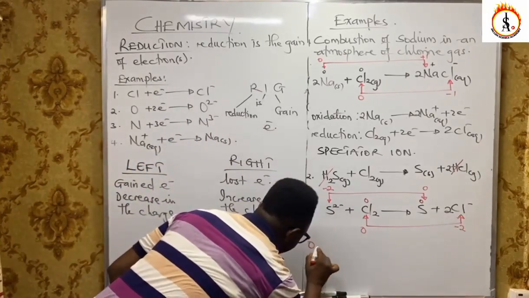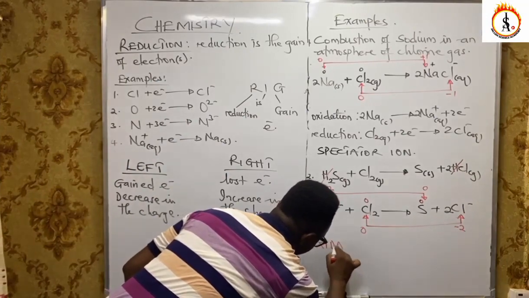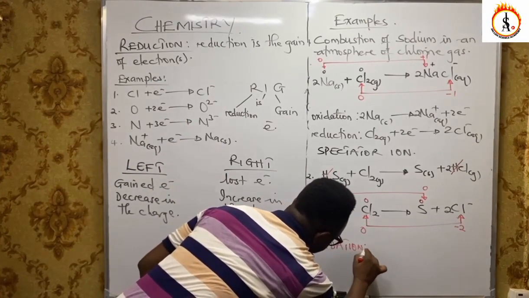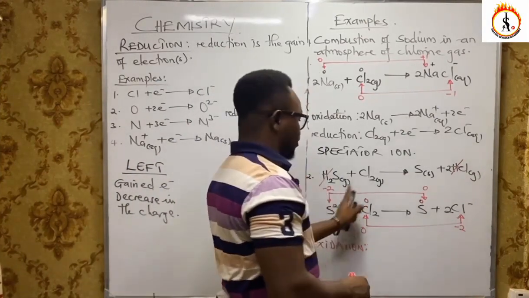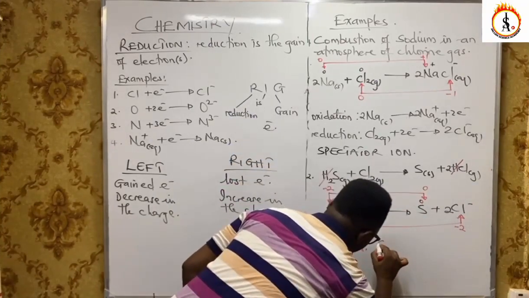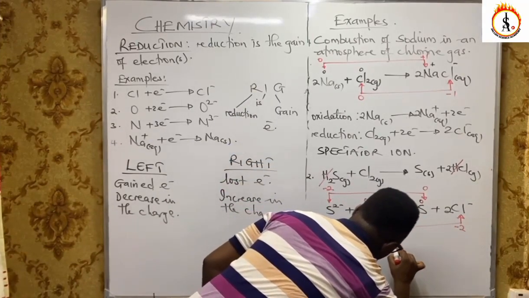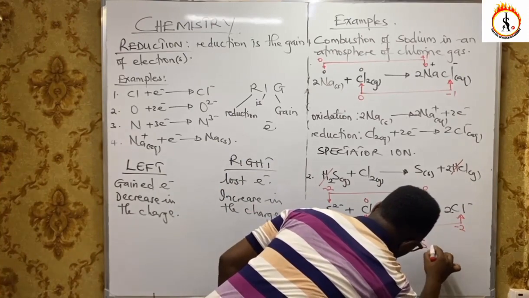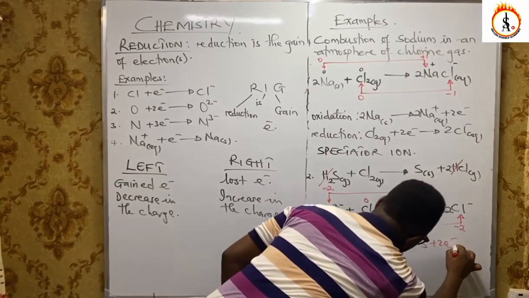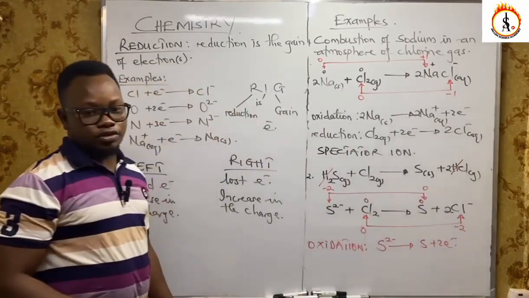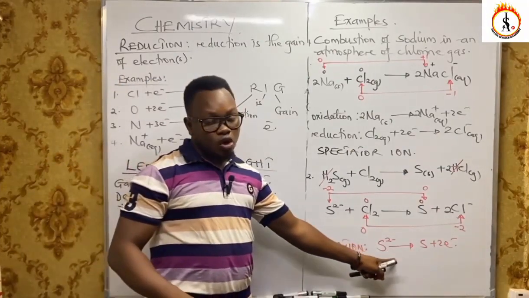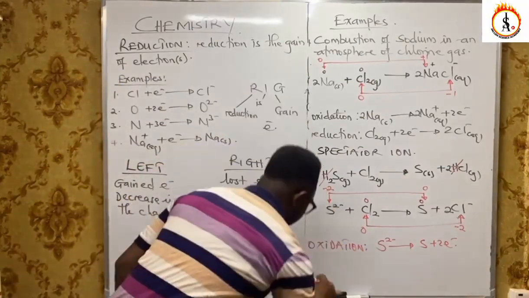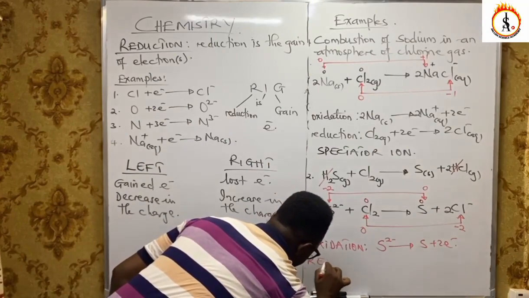The oxidation half will be this. Now, this guy here has increased in charge. So we say the sulfide ion became sulfur after losing 2 electrons. Okay, so this is the oxidation process. And we can write the reduction as this.